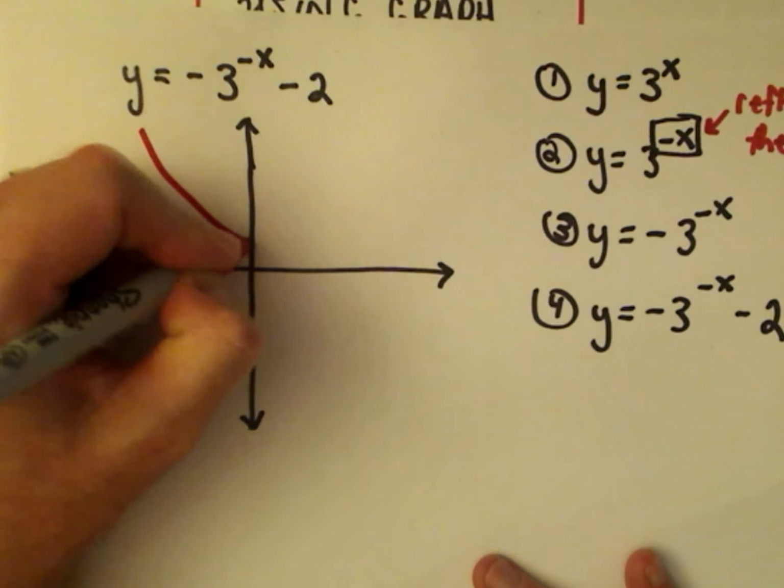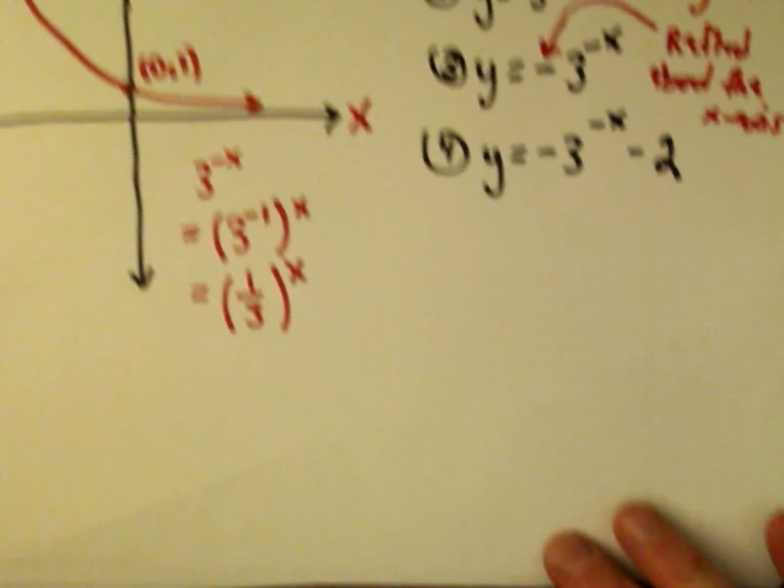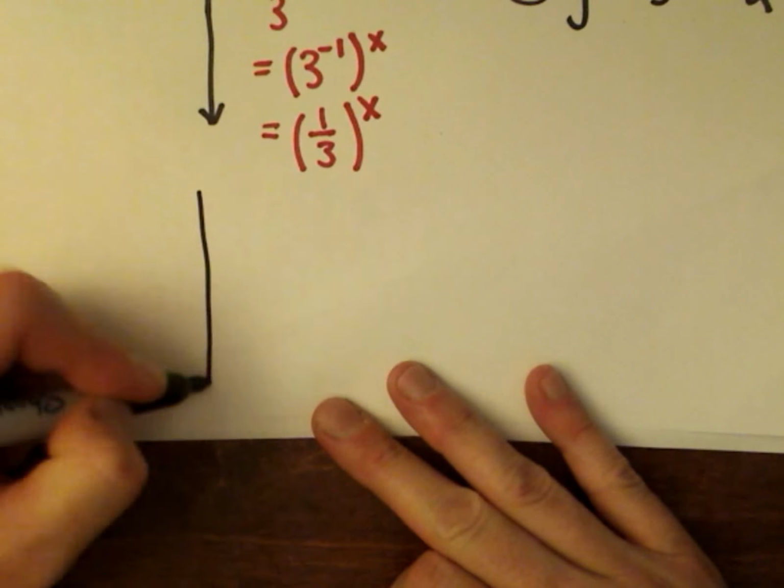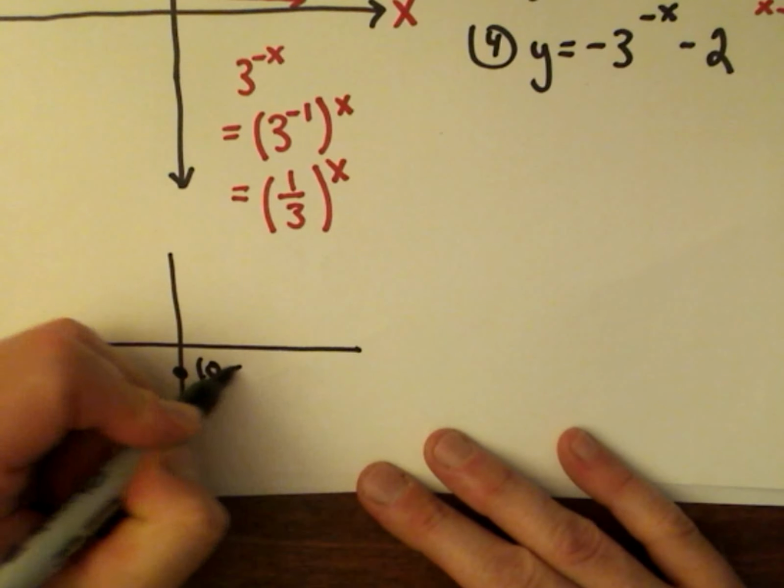So for 3 to the negative x, the y values should always be positive, which means the graph would always be above the x-axis. But now, since we're putting the negative out front, it's going to take all of those values that originally were positive and make them all negative. So our new graph should definitely be below the x-axis. So now instead of going through (0, 1), it's going to go through (0, -1).